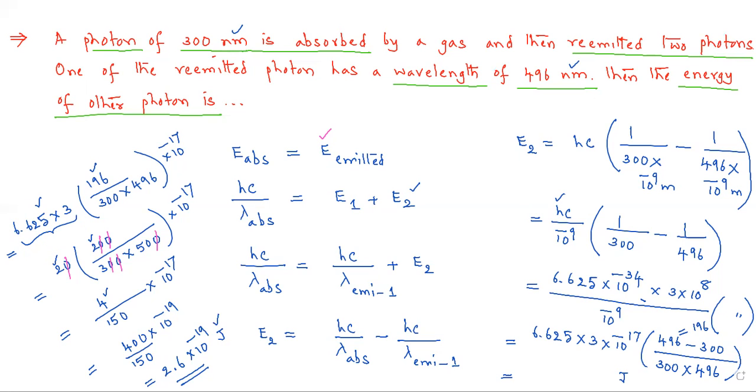So this way, you have to simplify things in a cut short method. Otherwise, it takes too much time. Okay, let me finally write that as 2.6 into 10 power minus 19 joules. Is that okay? Next.